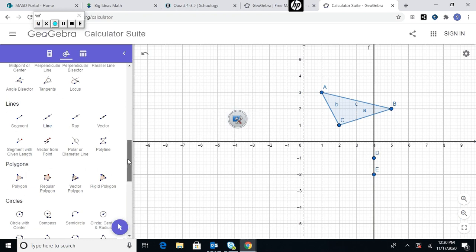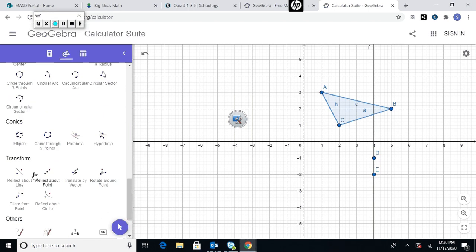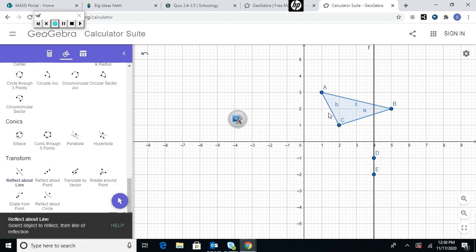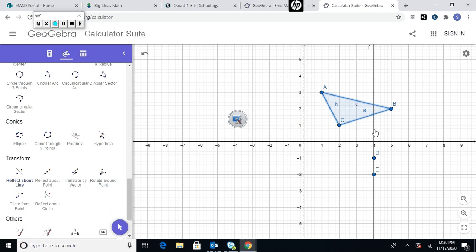And then I would go to transform, click the triangle, click the line. And so there's an example where it's going to cross over onto itself. And again, all the points in B prime, A prime, C prime are the same distance away from the line as the points A, B, and C were.